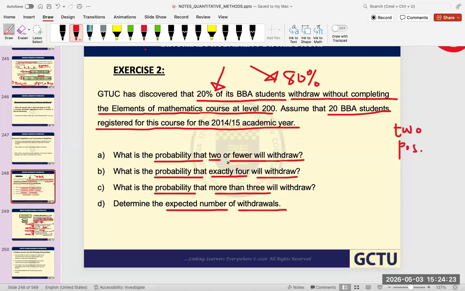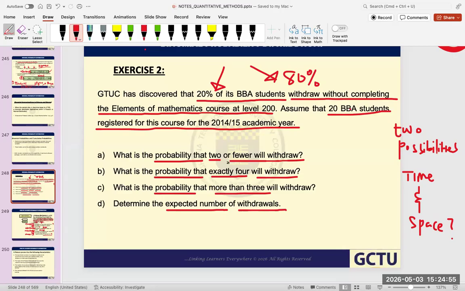Is it talking about 2 possibilities? Or is it working within time and space? That's the question you ask yourself. Has it mentioned time and space? Is it mentioning possibilities? That is very key in unlocking this question.